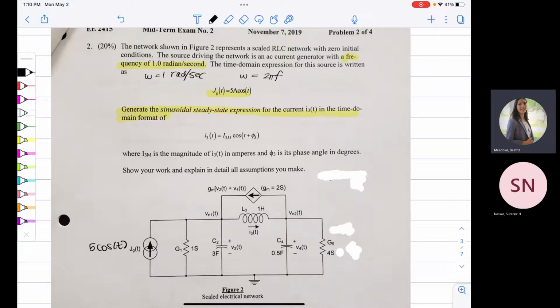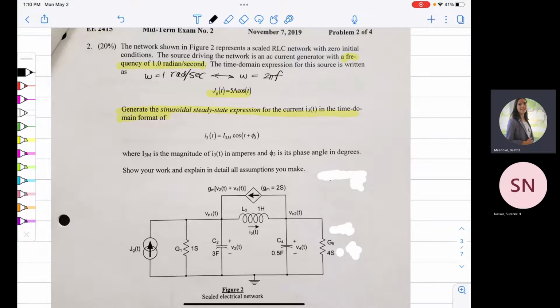So you can always translate between those two. Just for reference, can you put an omega here so they know why omega equals 1? Can anybody see why omega equals 1?